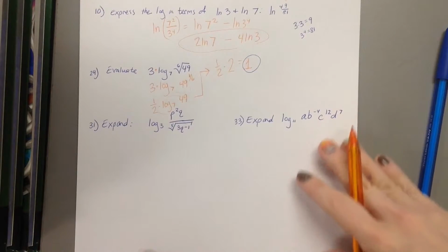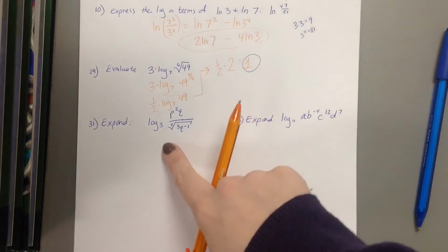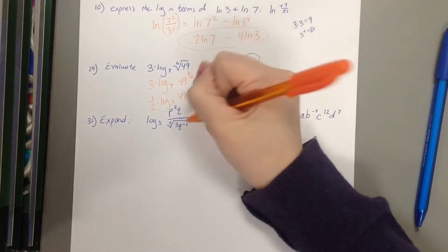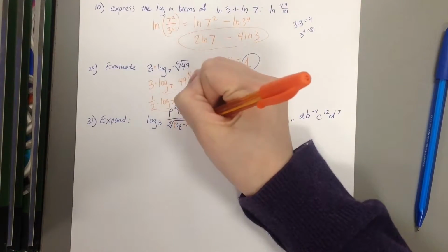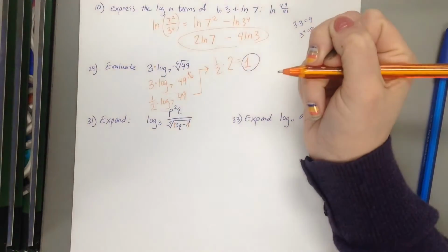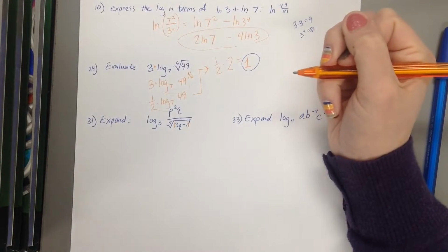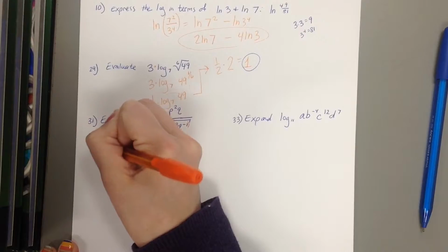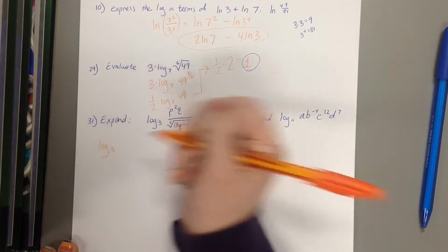Last two, I'm asking you to expand these guys. So for this one, expanding, I see a lot of stuff going on. Again, remembering there's no rule, there's no protocol for logarithms where the inside is subtraction. So I'm thinking this 3q minus 1 has to be locked together at this point. Everything else I can separate though. So I see in my numerator, I'm going to have log base 3.